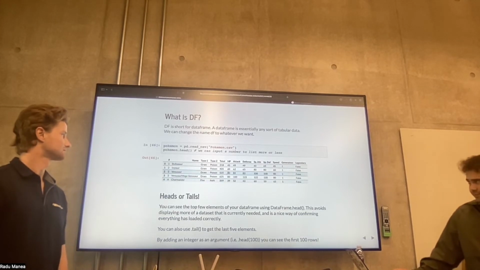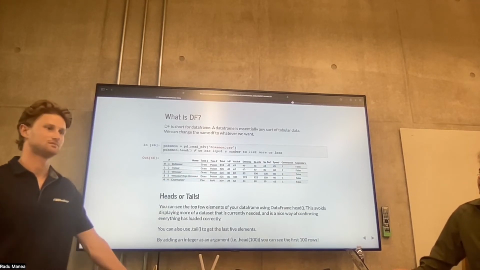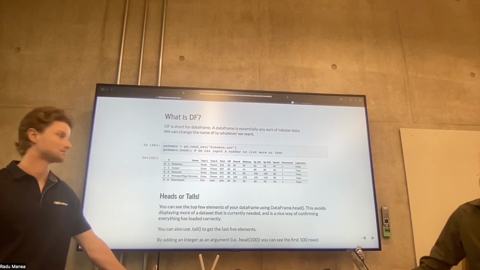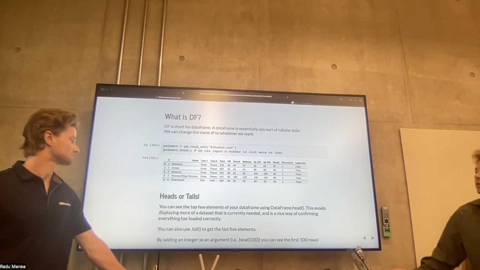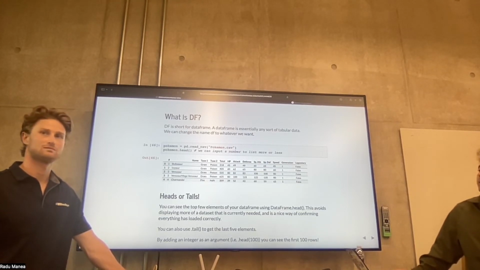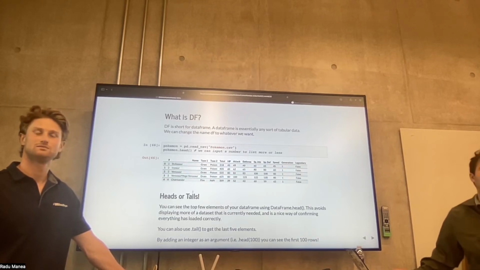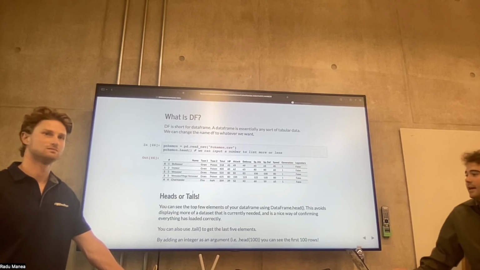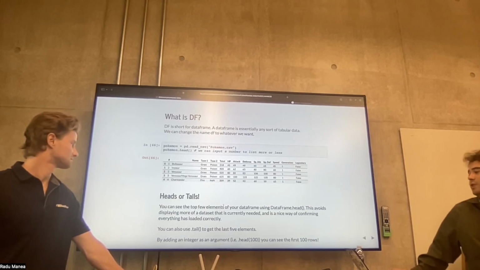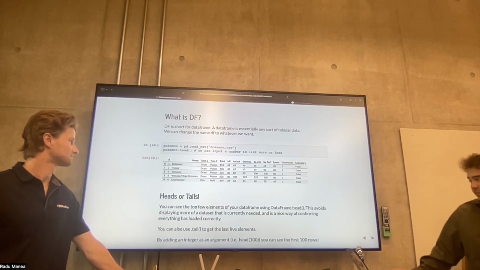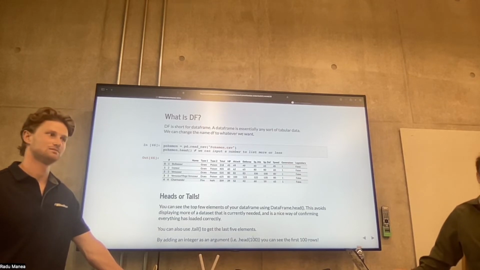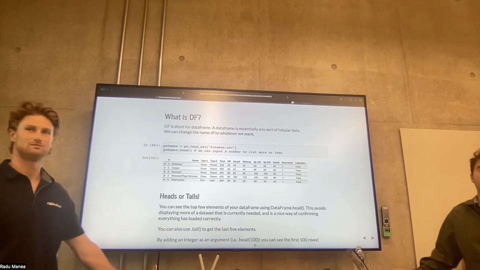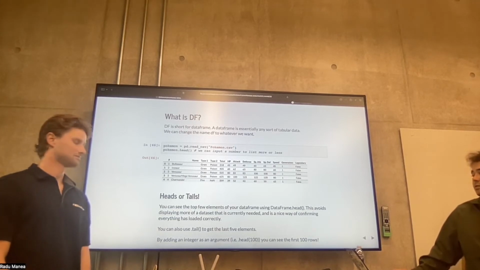And then I also want to talk a little bit about the dot head function and the dot tail function. Just as the head function gives you the first 5 rows of your data, the tail function gives you the last 5 records. But you can also do some cool stuff with it. If you add an integer into the arguments of head or tail, you can get however many rows that integer is.